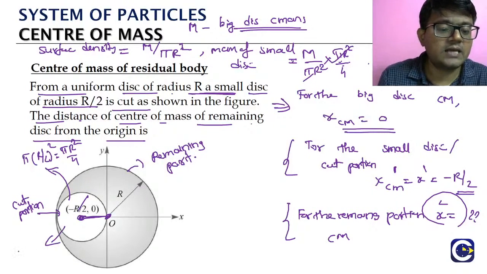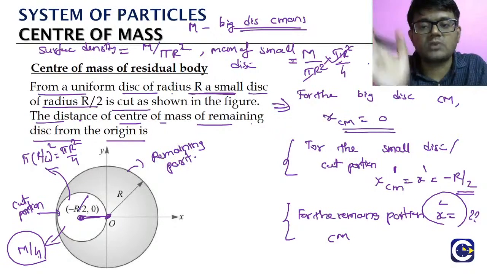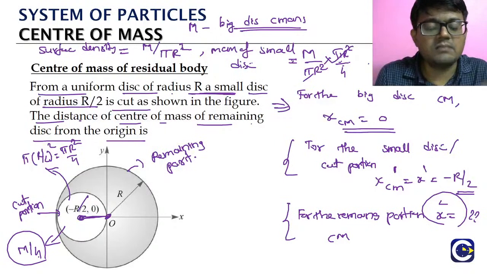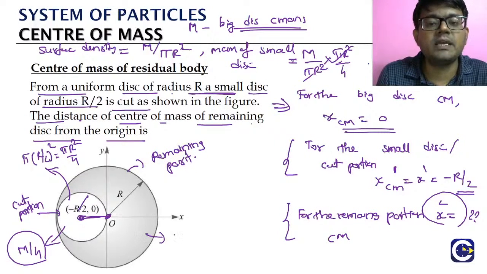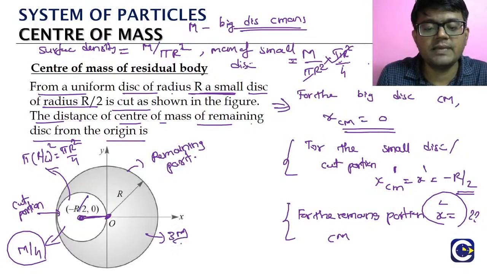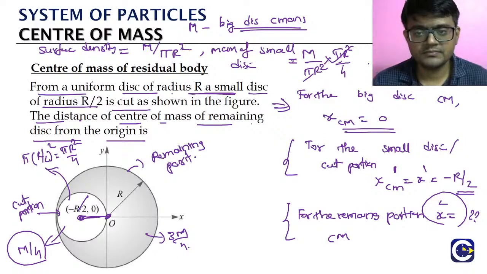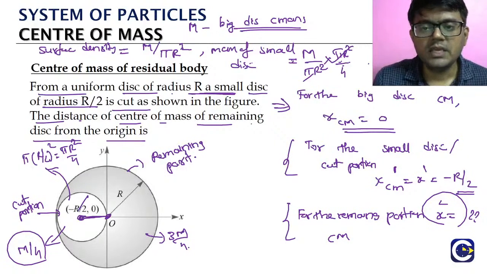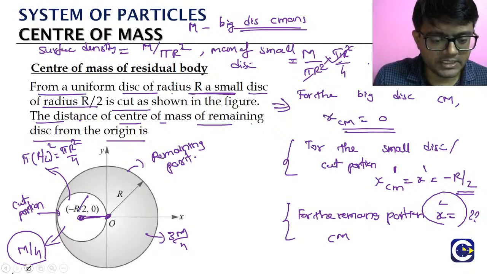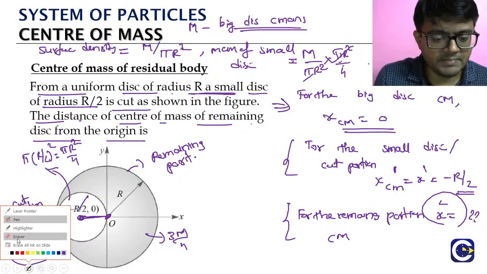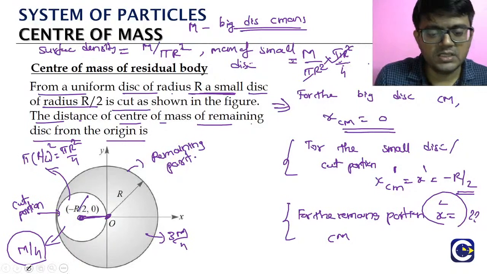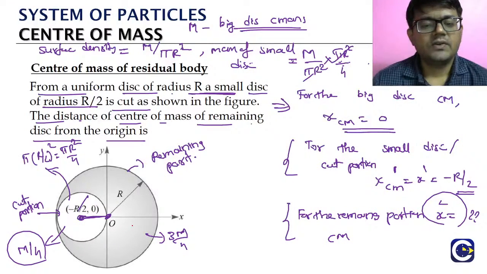So what is the mass of the small disk? M by 4. The bigger disk ஓட mass நம்ம capital M எடுத்தா, the mass of the small disk என்ன வருது, M by 4 வருது. So what is the mass of the remaining part? It will be M minus M by 4 தானா. So what is the mass of the remaining part? என்ன வருது, it is coming as 3M by 4.